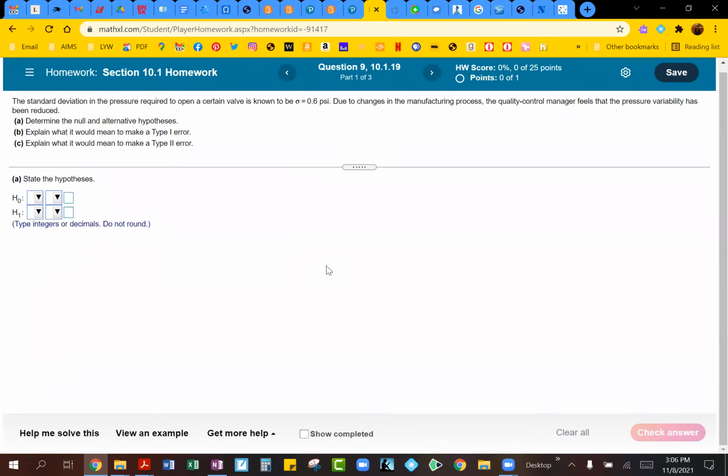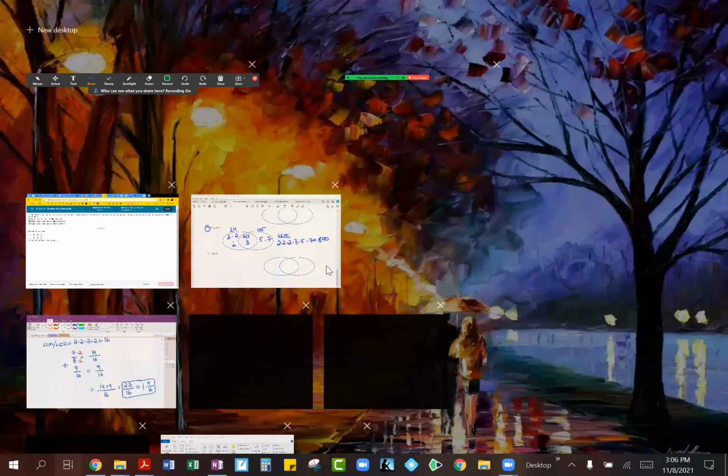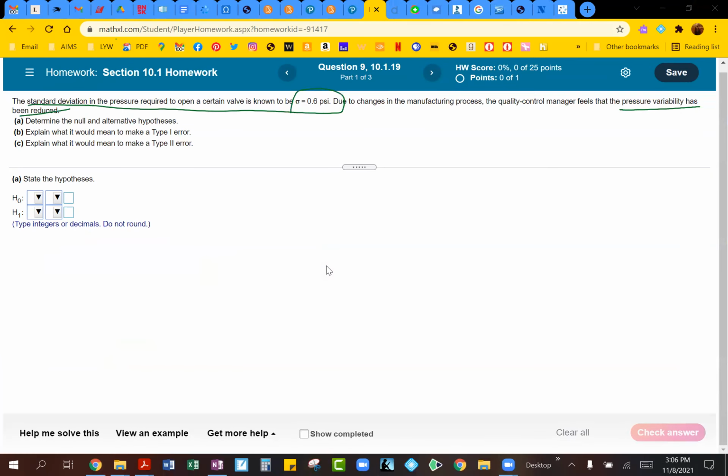Okay, so let's get back in here. They're telling us the standard deviation is known to be 0.6 psi, but because of the changes, the quality control manager feels that the pressure variability has been reduced.